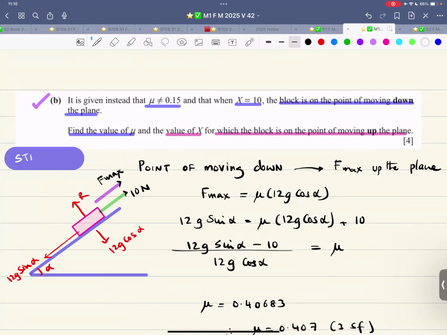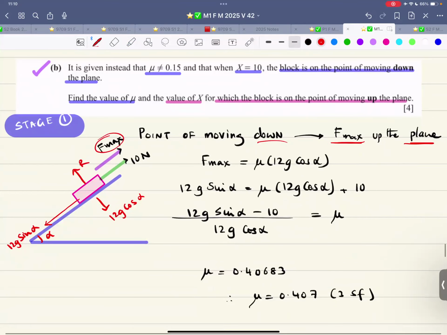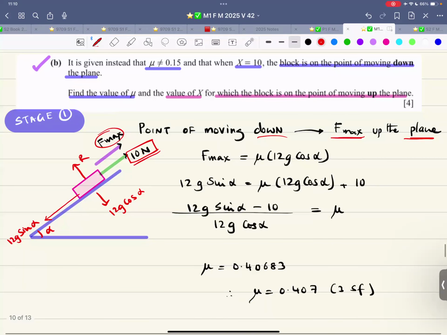So now this is the first thing, which is point of moving down. So this is stage 1. Now it's at the point of moving down. Therefore, F max is up the plane. Instead of X equals 20, X equals 10. Rest of the working is the same, except it's in limiting equilibrium.